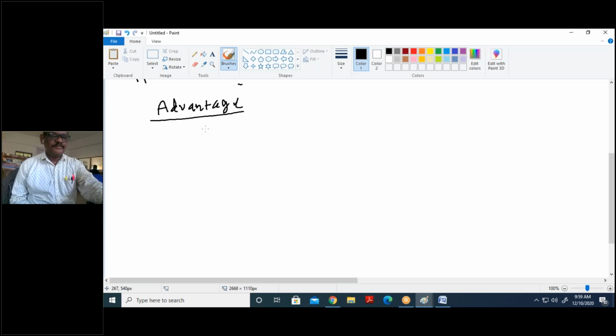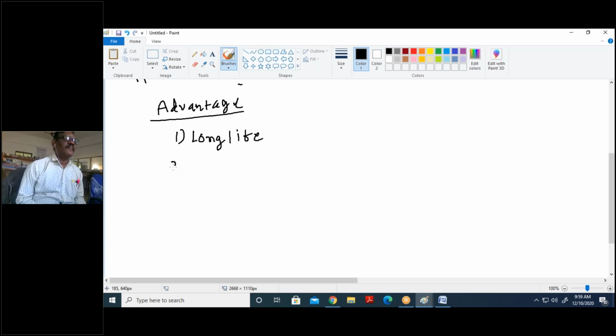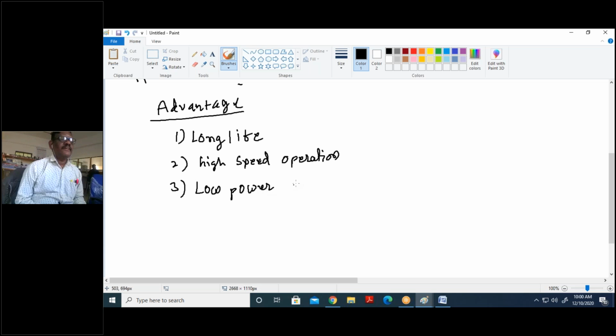And the second one, high speed operation. And the third one, low power consumption.